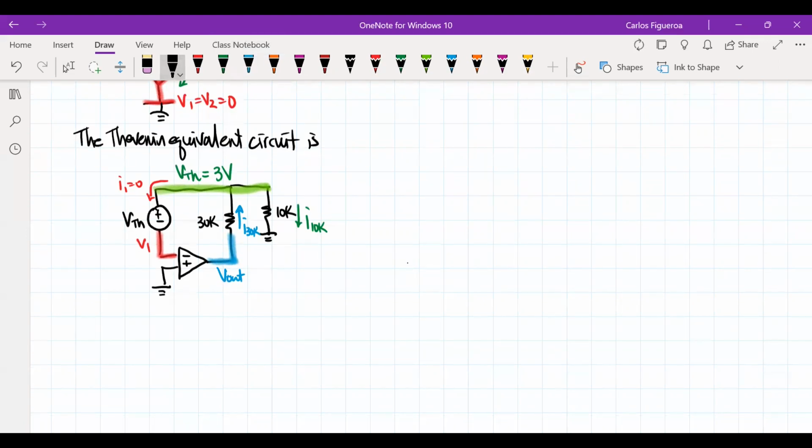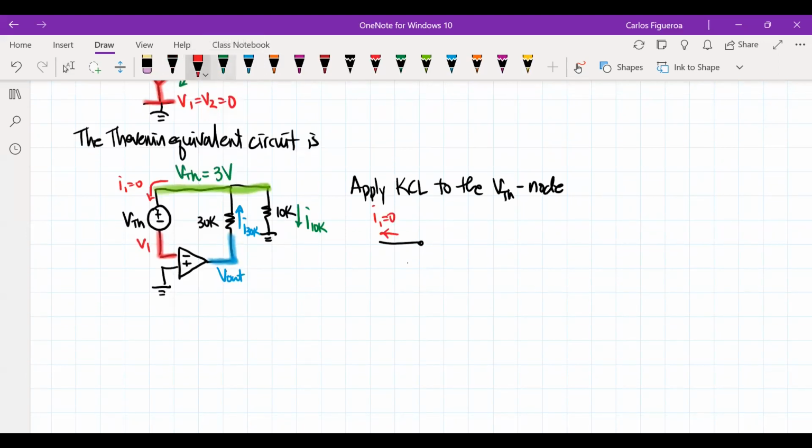So now here we go. What I'm going to do here is apply KCL to the VTH node. So when you look at the VTH node, note that I have a current in this branch that tells me that I1 is equal to 0.